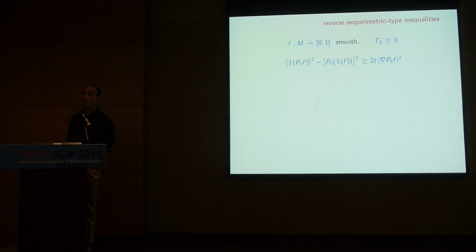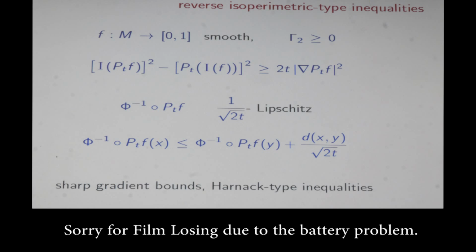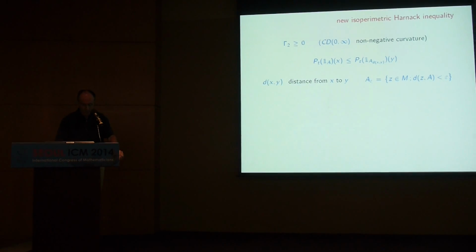As for logarithmic Sobolev inequalities, there is a reverse form, which is this inequality, which expresses a not so easy to explain property, but actually very useful, which is that each time you take a function with values in 0 or 1, if you compose it, if you take and this is sharp.